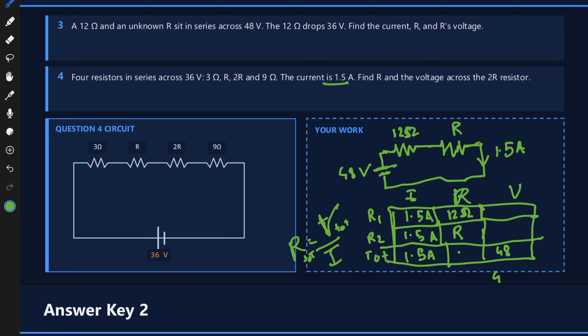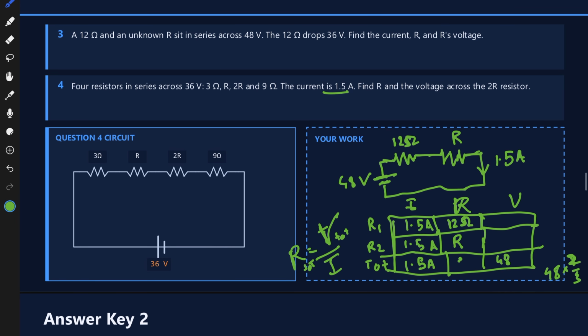So this is just going to be 48 divided by 1.5, or 48 divided by 3/2, so times 2/3. And that's just going to be, I believe, 16 times 2, which is 32, right? Yeah, that makes sense. 32 times 1.5 is 48, because half of that is 16.